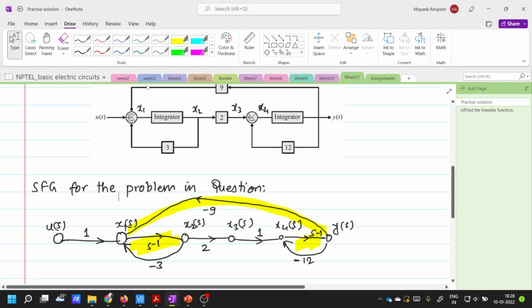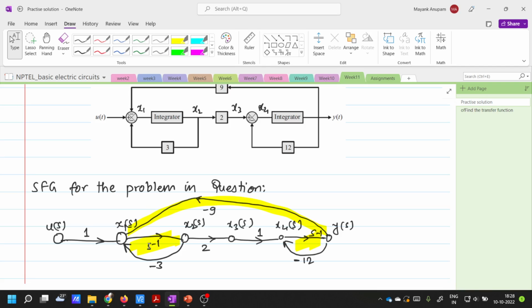So x1 to x2, there is an integration operation, right? And what is the integration operation in the Laplace domain? It is 1 over s, right? Multiplication of one signal by 1 over s. So x1 to x2 is s inverse, okay? So this is how you present it. These arrows represent the transfer function basically, or the gain from one signal to another.